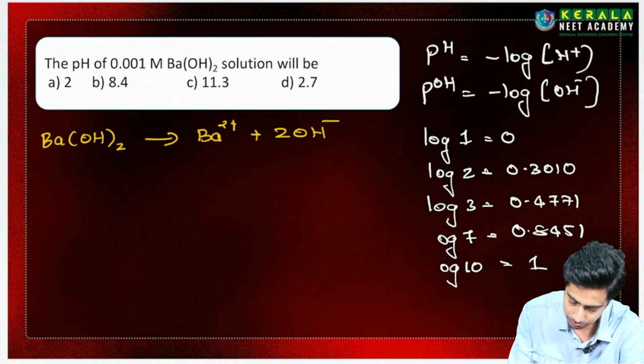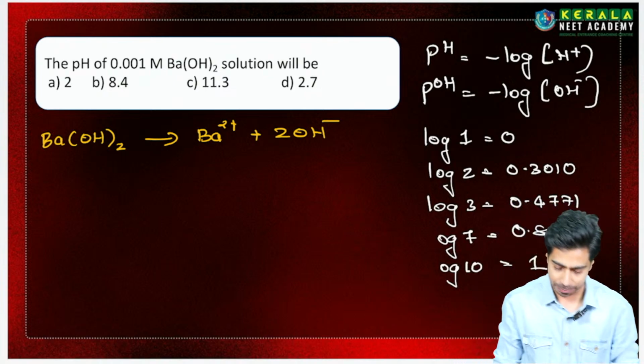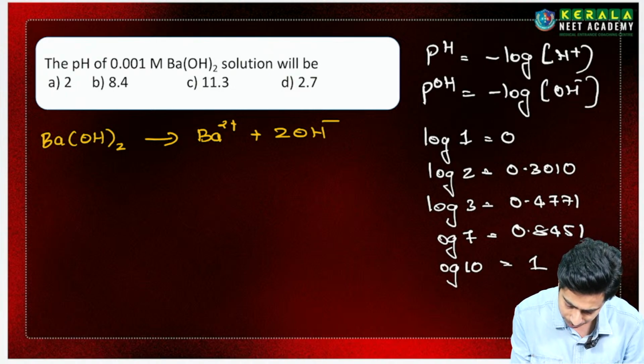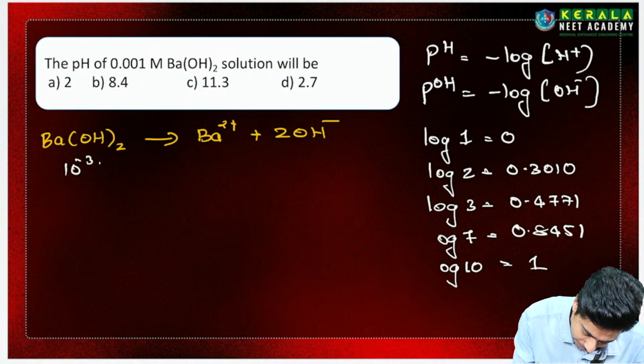Before dissociation, the barium hydroxide concentration is 0.001, that is 10 raised to minus 3 molar.